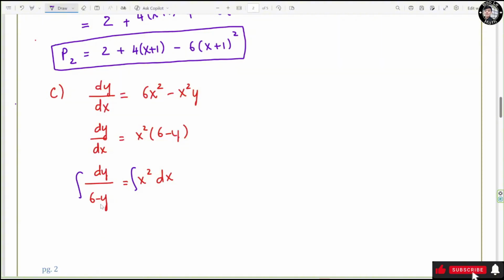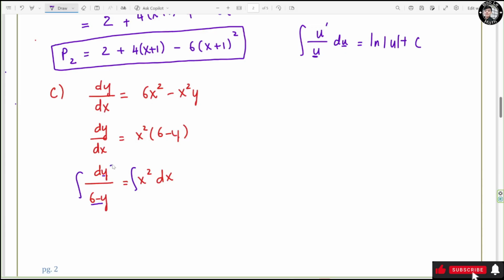Now the left hand side right here, I need to apply the formula: the antiderivative of u prime over u du is ln absolute value of u plus c, right? Now, in order to apply this formula, make sure this guy and this guy are the same, right? So the bottom right here is 6 minus y. The top is just dy right here. I need to rewrite this one as d of 6 minus y, right?